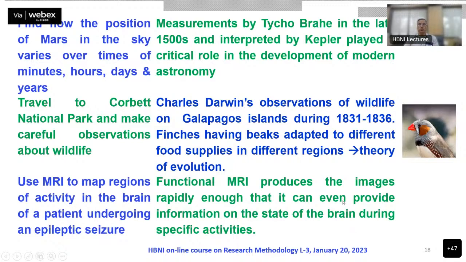Magnetic resonance imaging has now given us a tool to probe brain activity. People are studying what happens in your mind when you dream in sleep, so by MRI people are studying the dreaming process also.